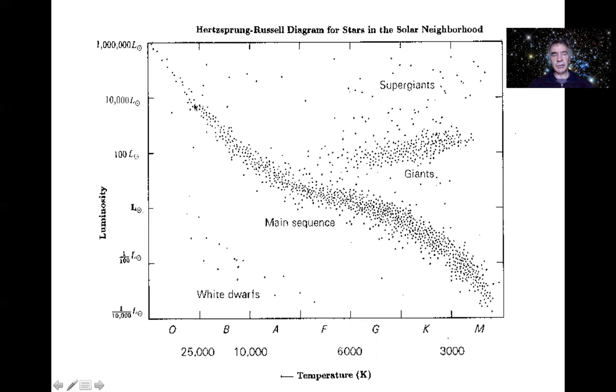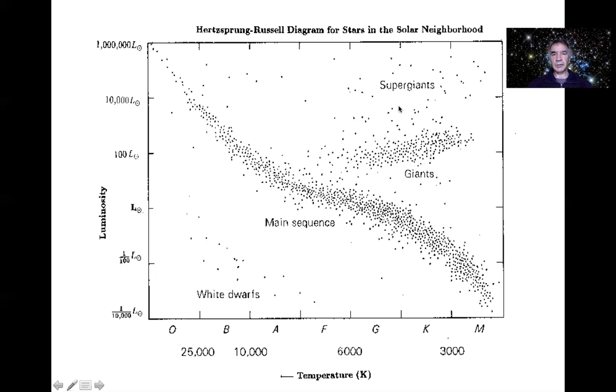So you've still got this sequence of stars going from top left all the way down, with a bit of a curve in it, to the bottom right. And this is labeled as the main sequence, because it's the main place where you find stars, basically. There's more stars on here than anywhere else in the diagram. We've got a lot of these stars up here, which, as we shall see in a moment, we will refer to as red giants.